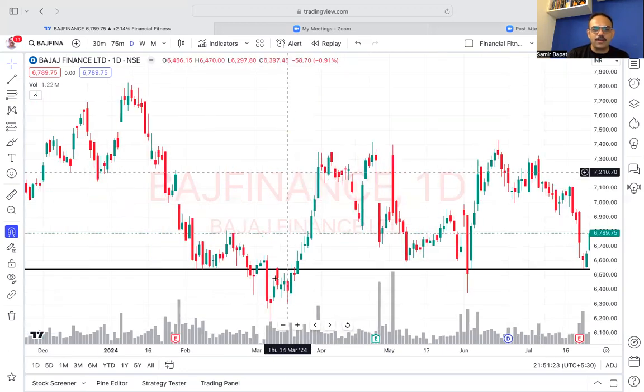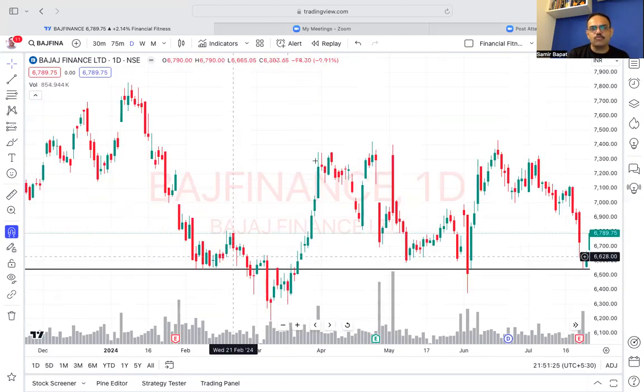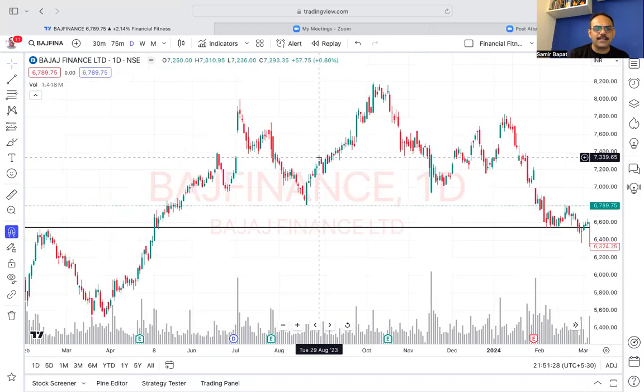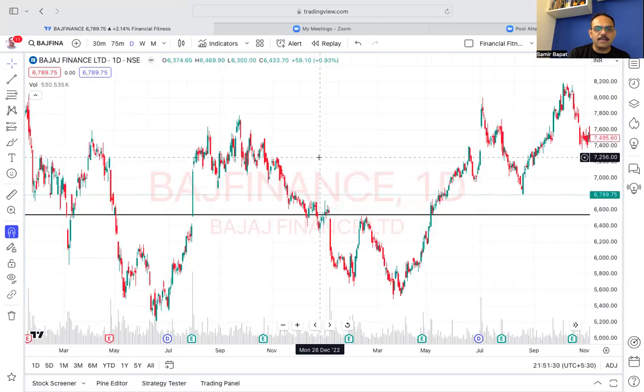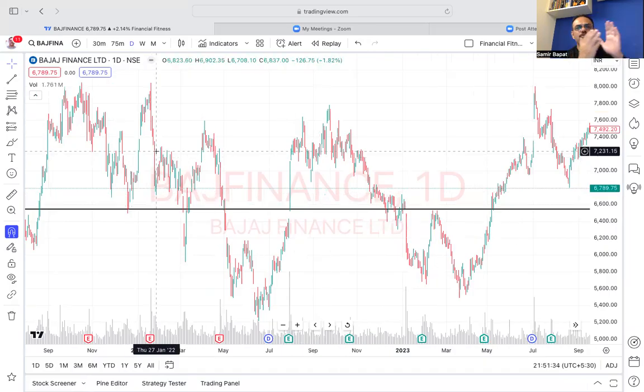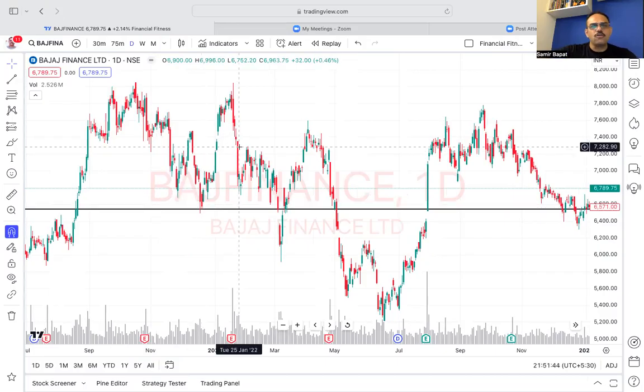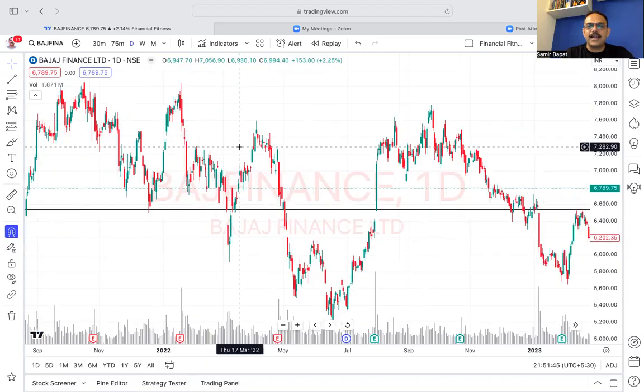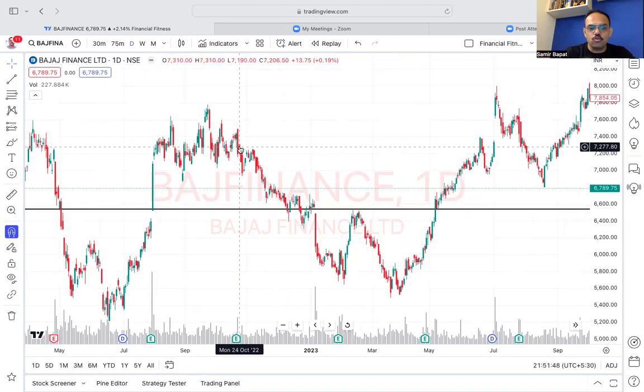Has it bounced elsewhere in the past? Yes, it bounced a little here and then bounced again. And a bit further in the past, it sort of bounced here too. So it gives us more confirmation that the price bounced at this location in the past also. So there is a possibility that at this level it might go up.